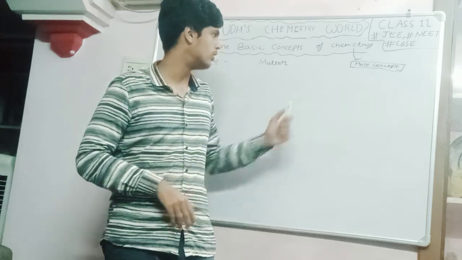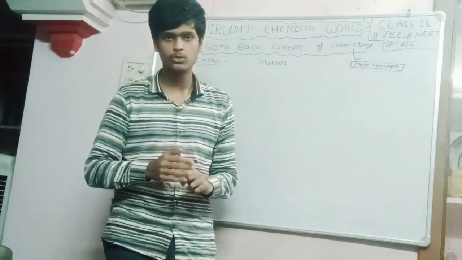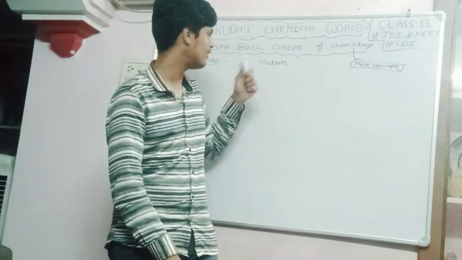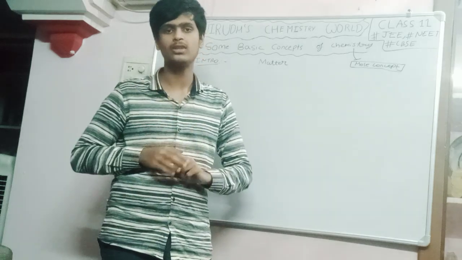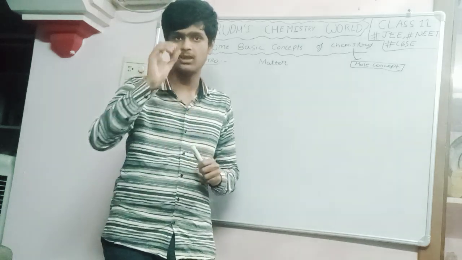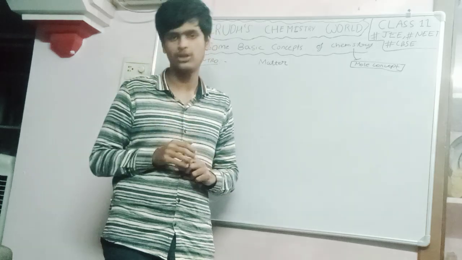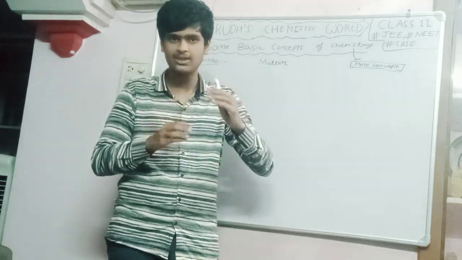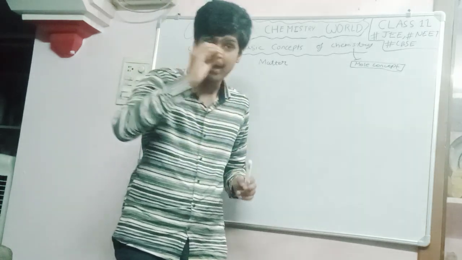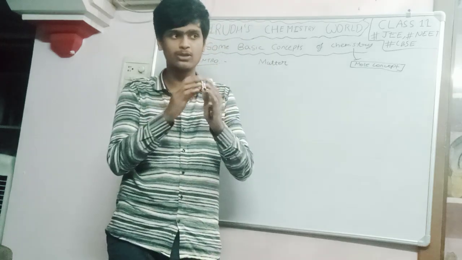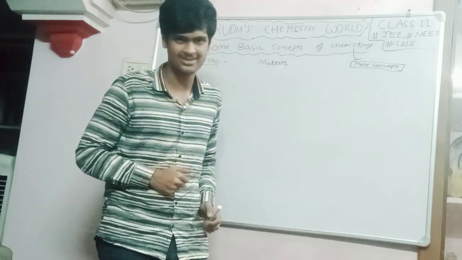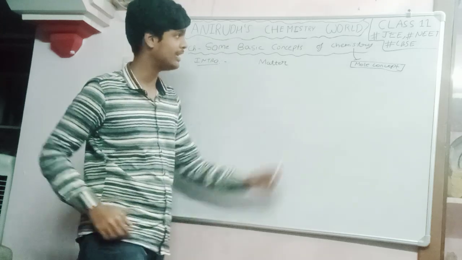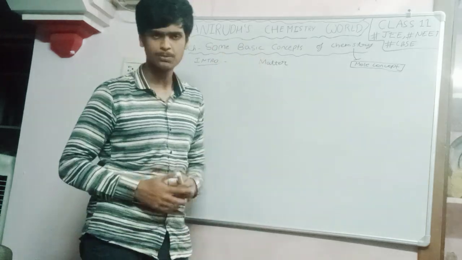Okay, scientists previously did research upon these calculations and upon the atom and the molecules. They did calculations at a very microscopic level. Okay, now we are going into this chapter, some basic concepts of chemistry.